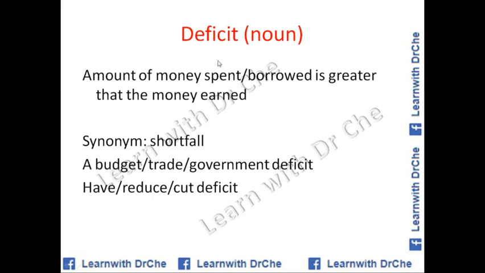Deficit is the amount of money spent or borrowed that is greater than money earned. Synonyms are shortfall. Budget or trade deficit, government deficit. Have a deficit, reduce deficit, current deficit.